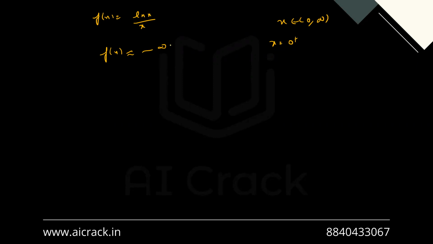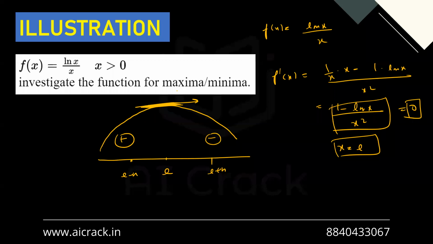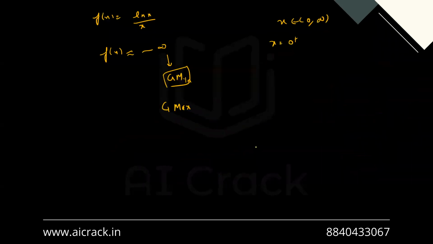So that would make f(x) minus infinity. So minus infinity is the global minima over here. And if we talk about global maxima, this particular value is the global maxima, because if we move forward, x increases faster than ln x. If you apply the limit over here as well, you'll find this will eventually become close to 0. So this is the case of global maxima. The local maxima is the global maxima, and the global minima is minus infinity and not 0 over here, right?